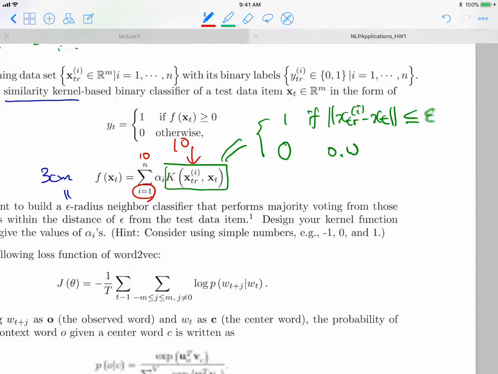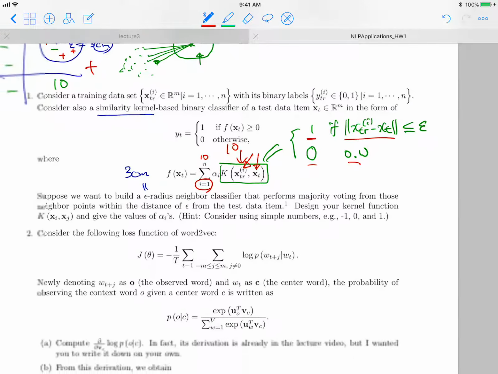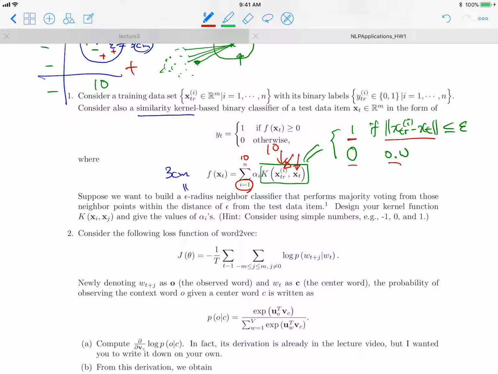Here we only specify the similarity between the test point, which is a fixed point, and each training example as 1 if it is within the predefined radius, and 0 otherwise. Then we have to do some majority voting.